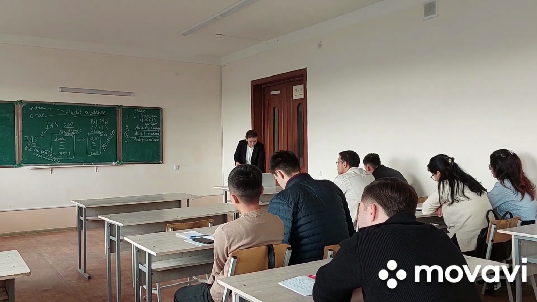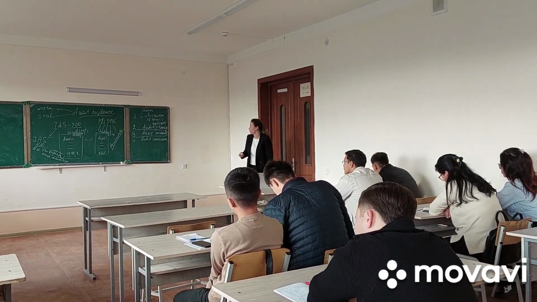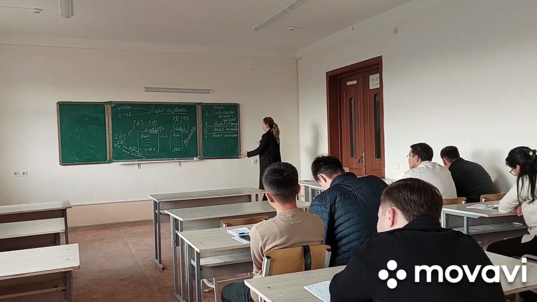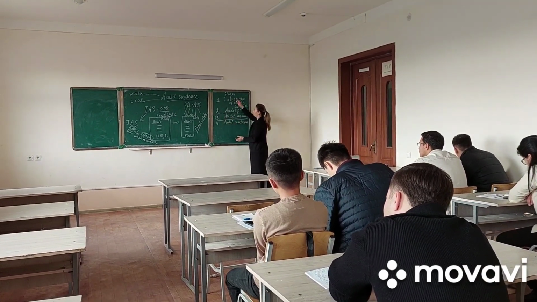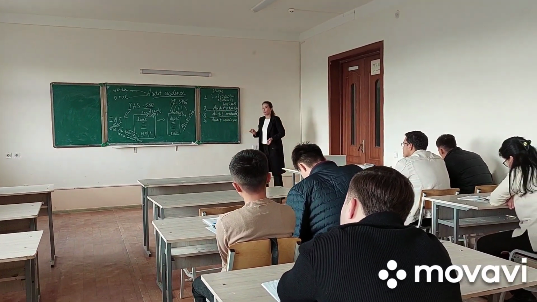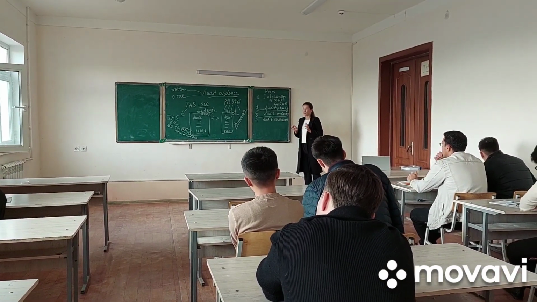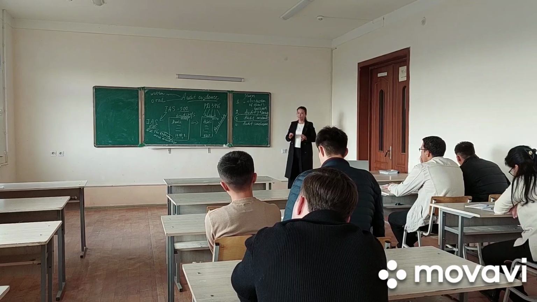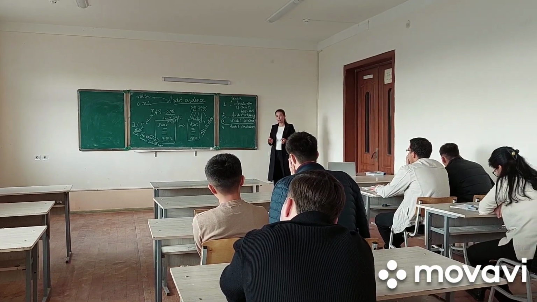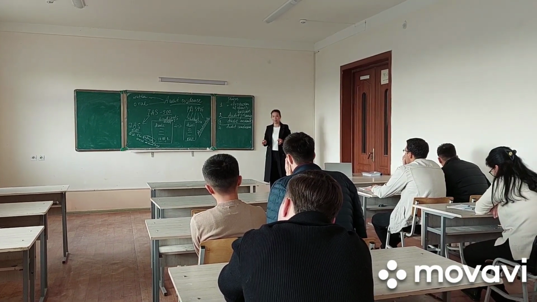So in conclusion, I can say that it is a very huge part of the audit stage. If we don't know about audit evidence, we can say that we don't check this company.